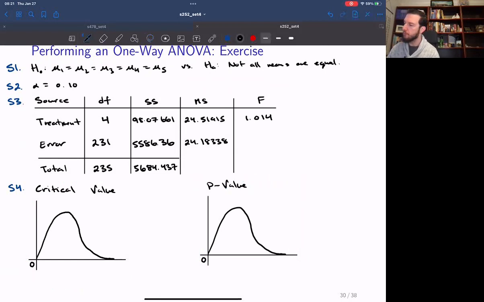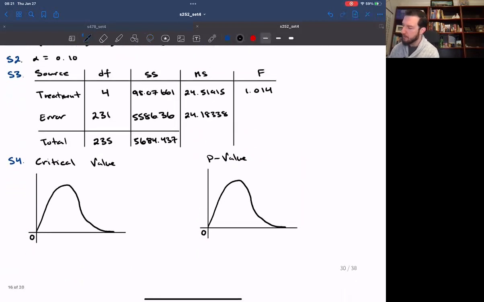Okay, so if we take the critical value approach, we're going to have to find our critical value.